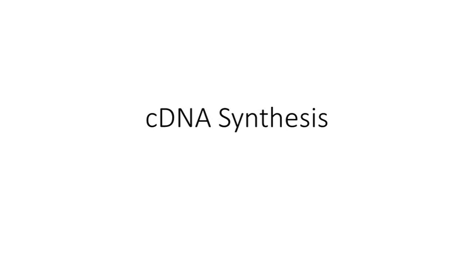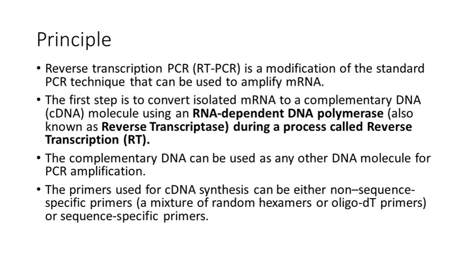So I think in the last class they have taught you about how to purify the total RNA and quantify the RNA. So today we are going to see what is reverse transcriptase PCR. Here, first we isolate the RNA, that is what we have already done. That will be converted into a cDNA using an enzyme called reverse transcriptase.